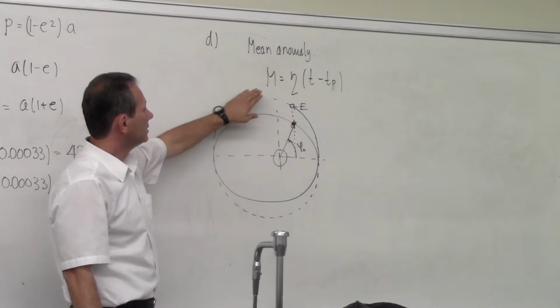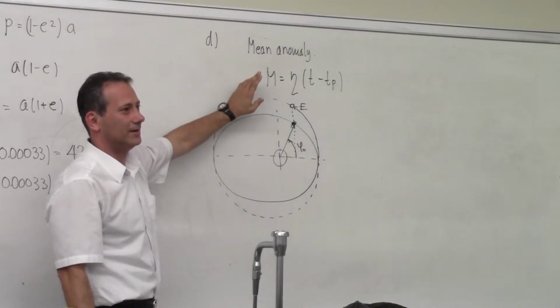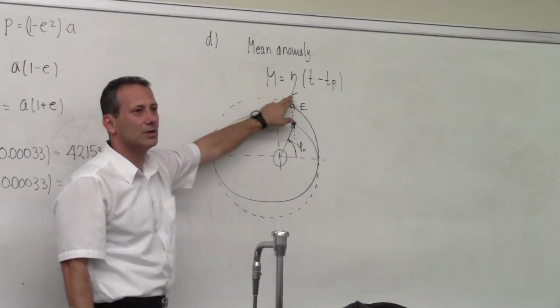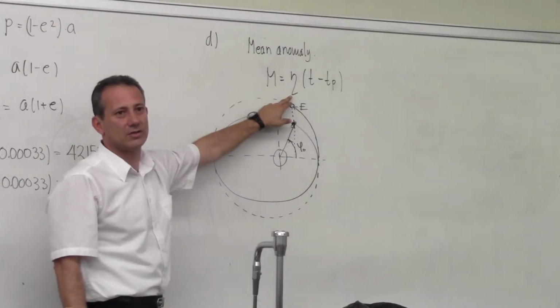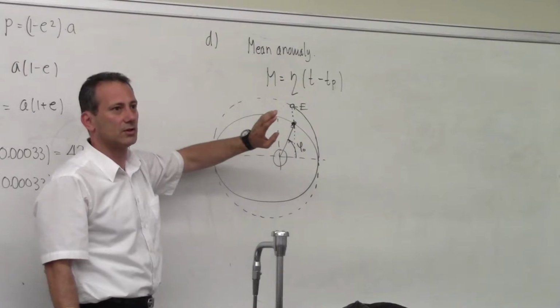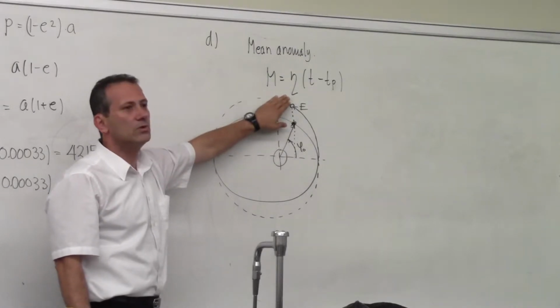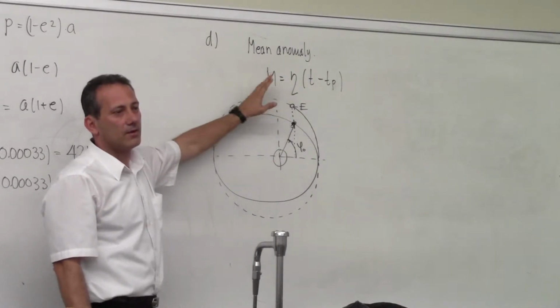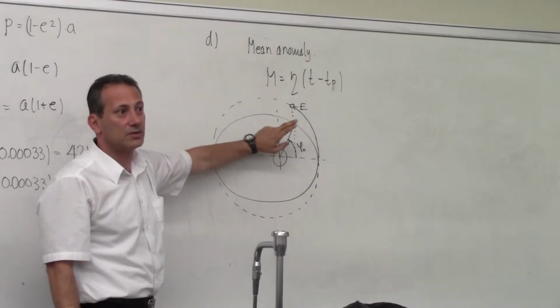Mean anomaly is an average angle, right? This nu here is an average angular velocity. For circular orbits, if the orbit is perfectly circular, then nu is constant, and therefore M becomes the same as phi 0.